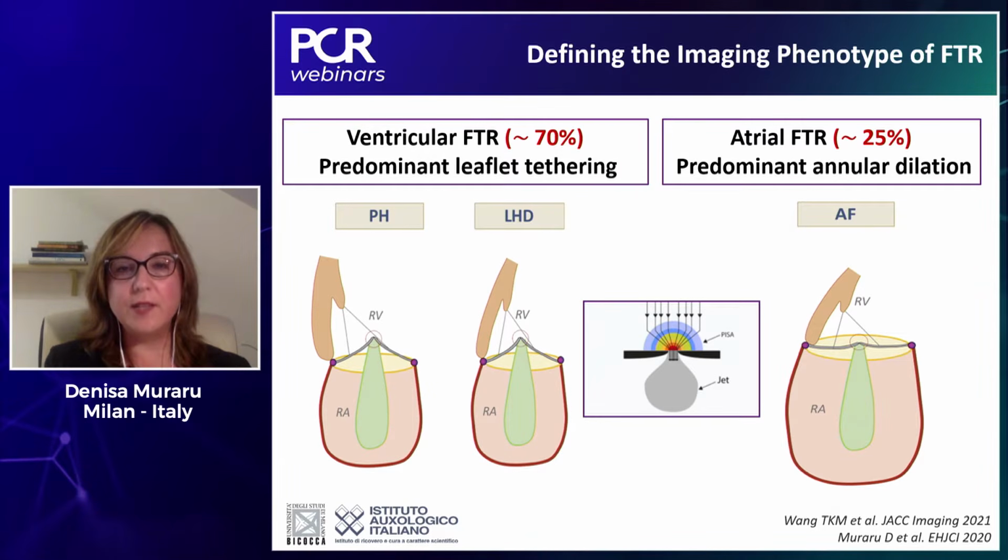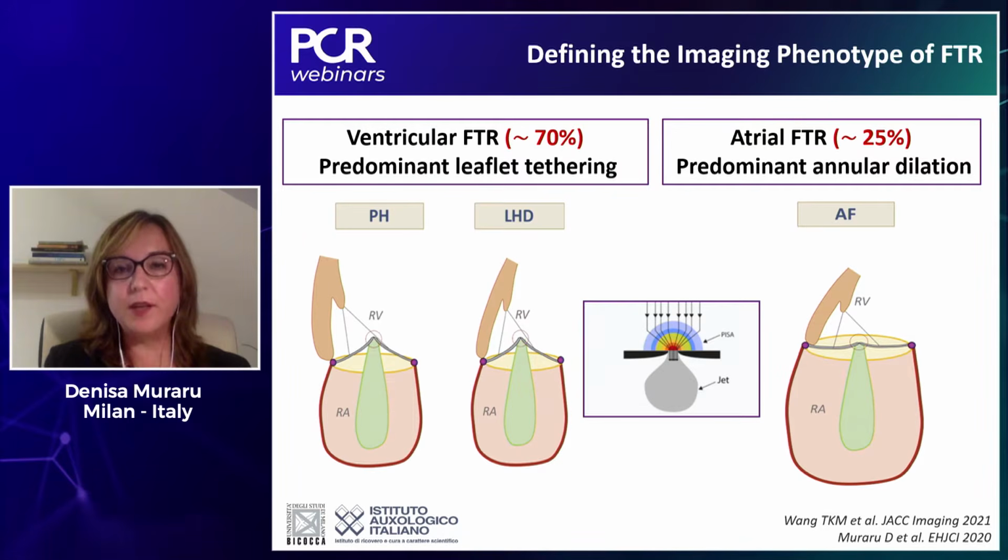And as you can see in the first category, the conventional ventricular cause, the predominant mechanism is not the annular dilation, but is the leaflet tethering, while in the second, in atrial FTR, is the annular dilation.